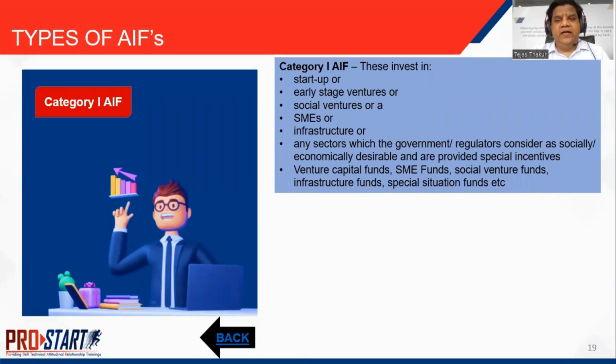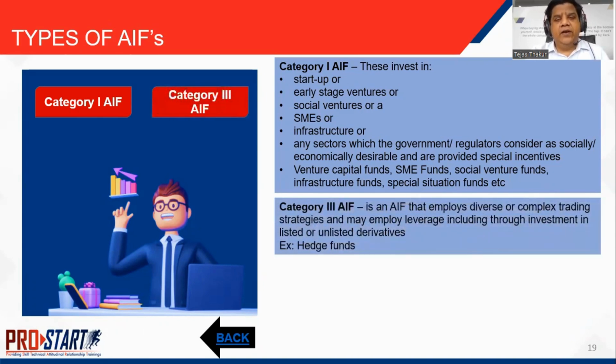Also, if they feel that this is socially, economically desirable, then that is also a part of your AIF. Similarly, venture capital funds, SME funds, social venture funds, infrastructure funds, and special situation funds, all of these form a part of category 1 AIFs.